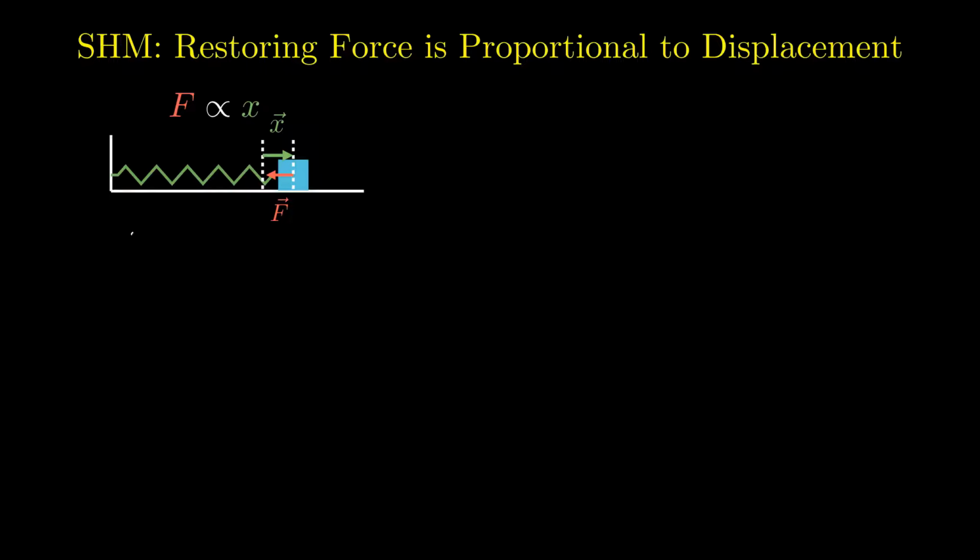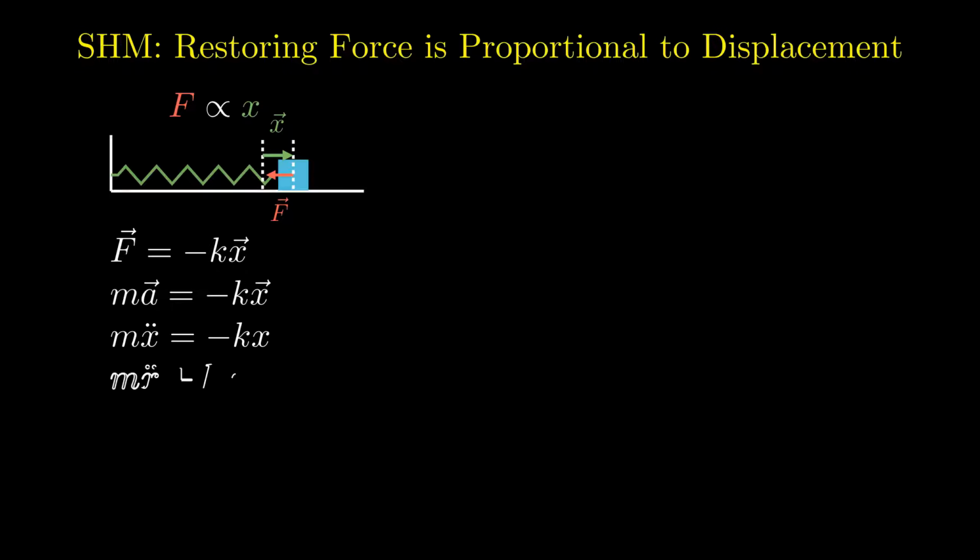Let's use Hooke's law. Let's substitute the force by mass times acceleration. Acceleration is the second order derivative of displacement. And since the problem is one-dimensional, we don't have to worry about the directions of the vectors. Let's rearrange and divide everything by the mass. Now, this is the most important differential equation for simple harmonic motion.